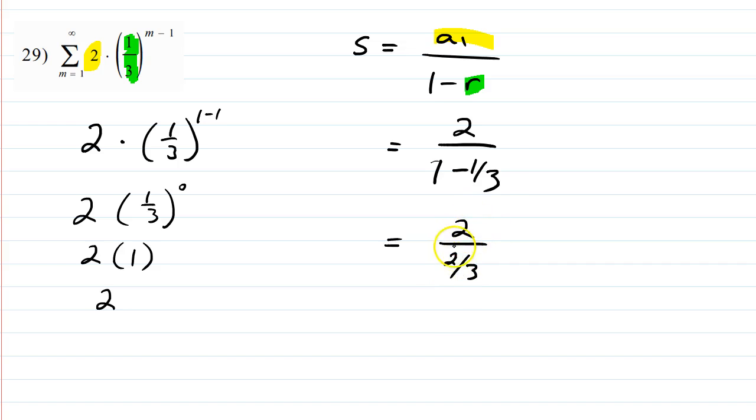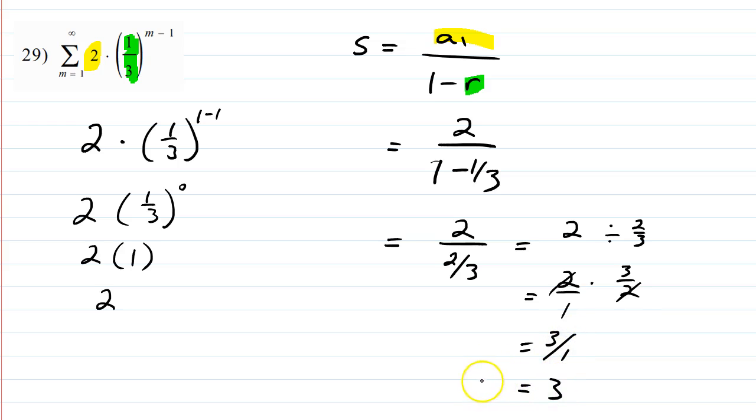And so now 2 divided by 2/3 becomes, put 2 over 1. The 2's cancel. And this becomes just 3 over 1, which is just equal to 3. So our sum is 3.